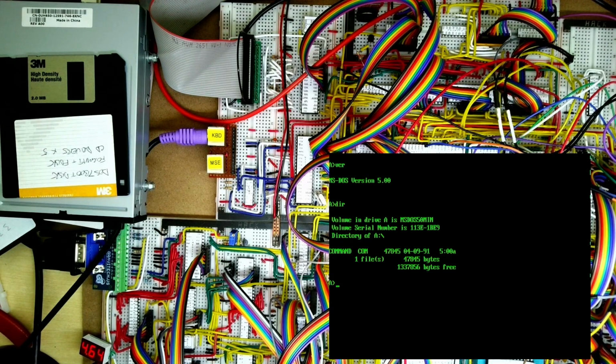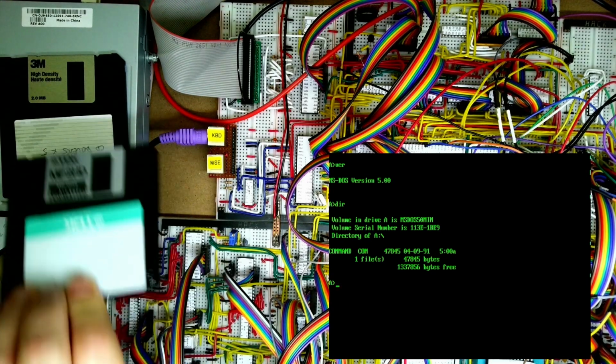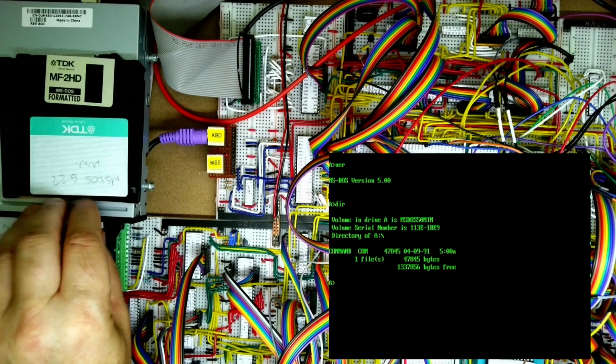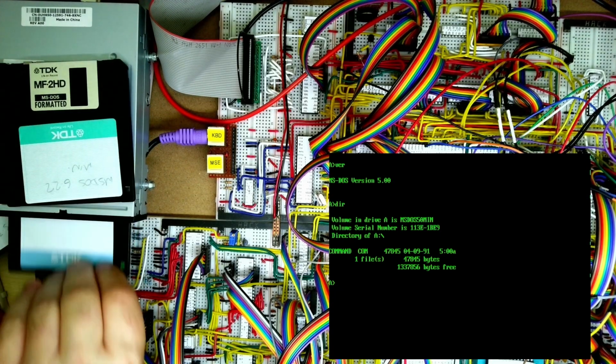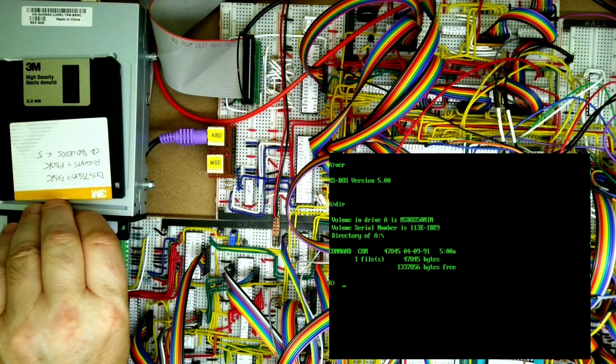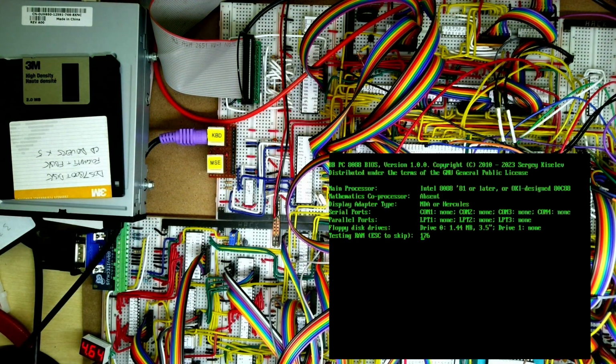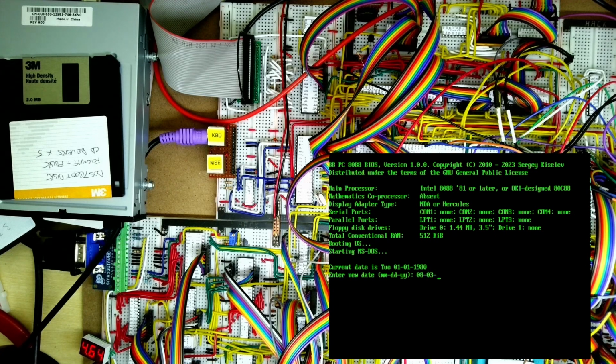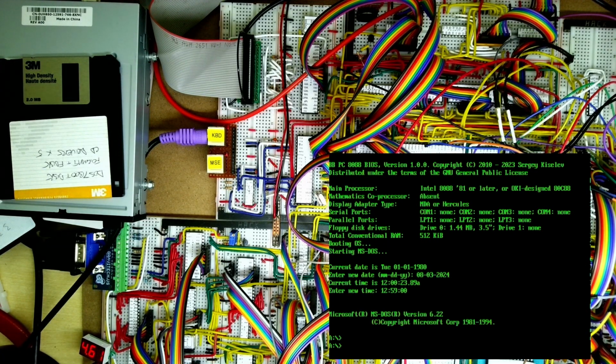I do also have an MS-DOS 6.2 disk here. I'm not sure if this one is working, but we'll give that one a whirl as well. Okay, so we now have MS-DOS 6.2.2.